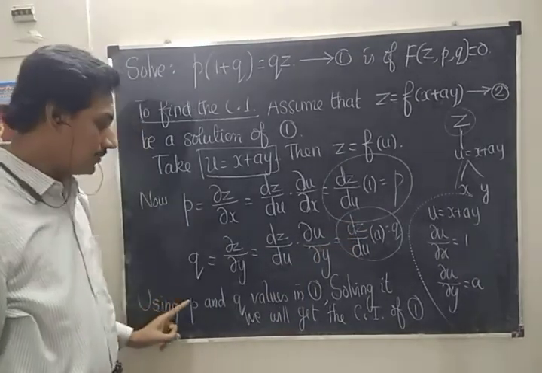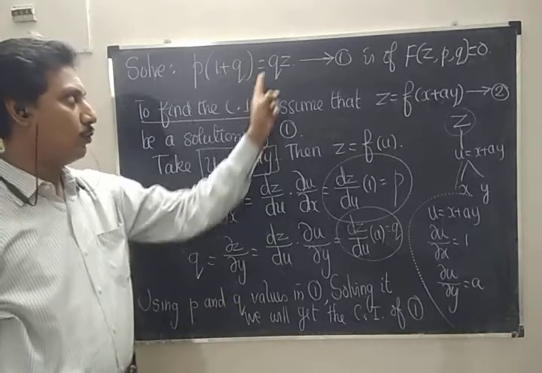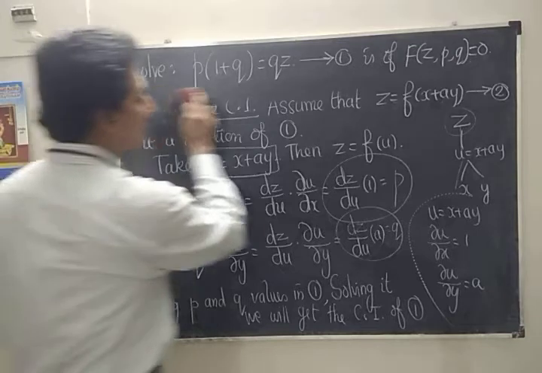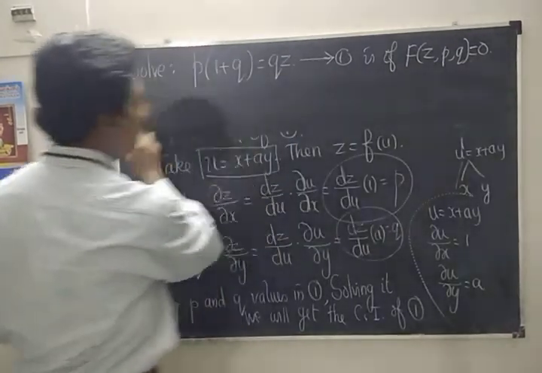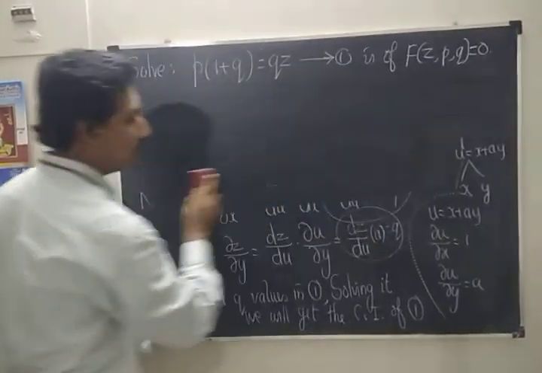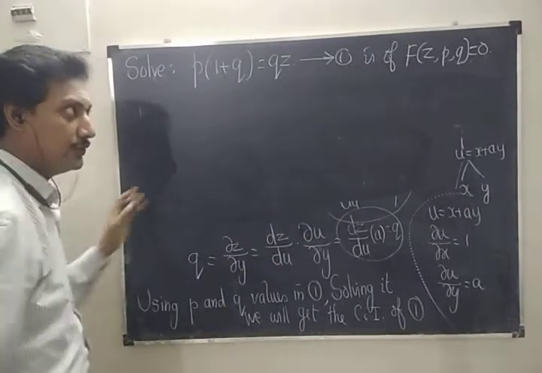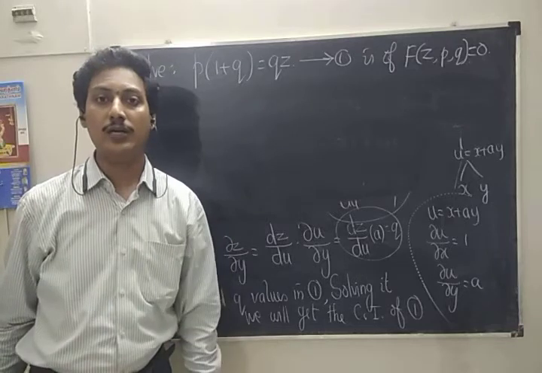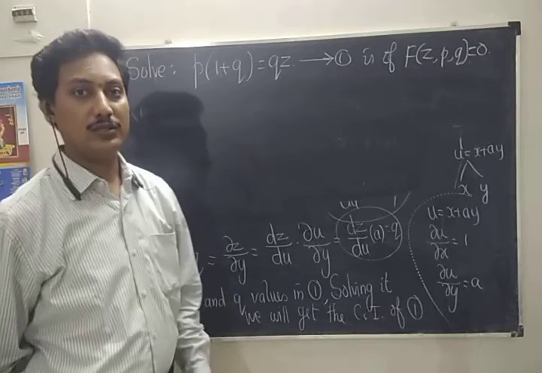Now substitute the small p and small q values in the equation number 1. What will we get? Let us see. If I substitute p is equal to dz by du and q is equal to a into dz by du, the given partial differential equation can be transformed into an ordinary differential equation. Let us see.